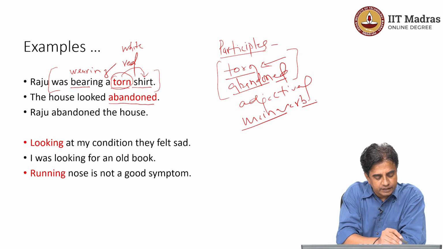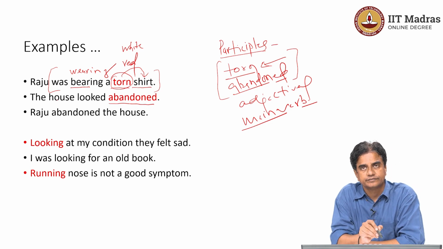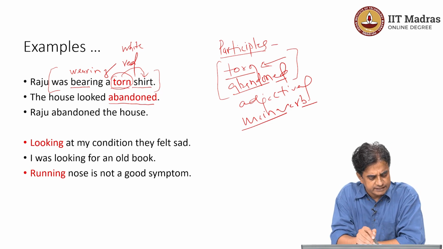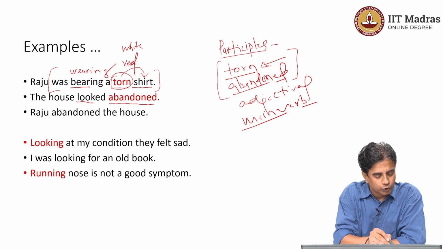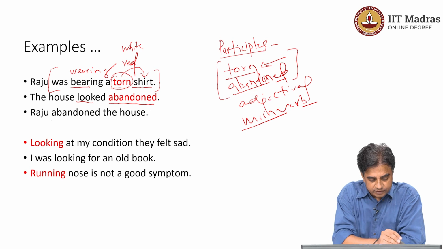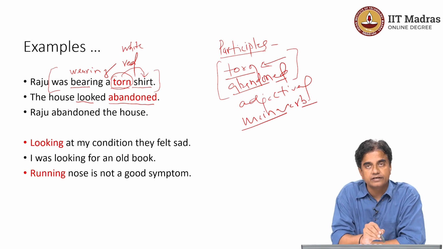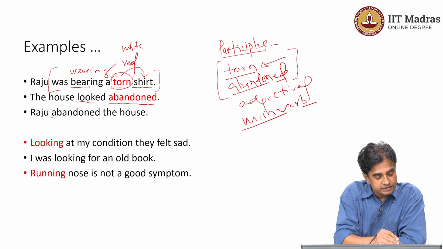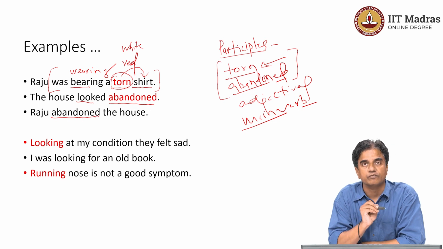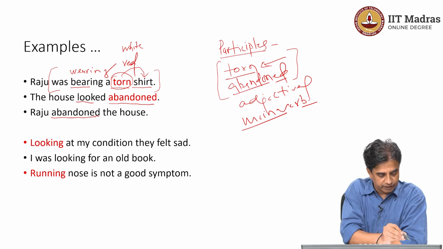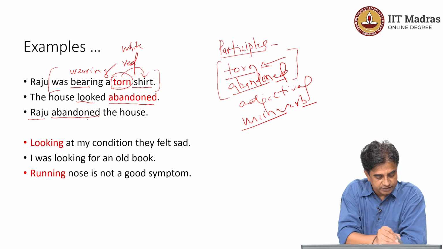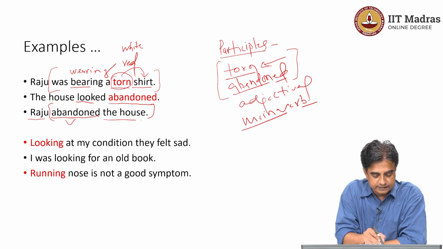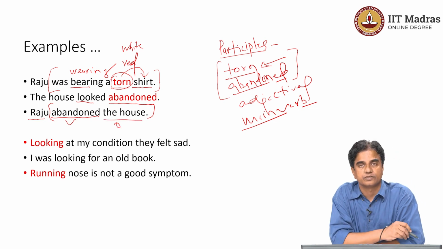Look at this. The house looked abandoned. This is a participle, where the verb is look. But in the next sentence, Raju abandoned the house. This is not a participle. This is the main verb. So in this sentence, Raju is the subject, abandoned is the predicate, in this is the verb, and the house is the object of the verb.